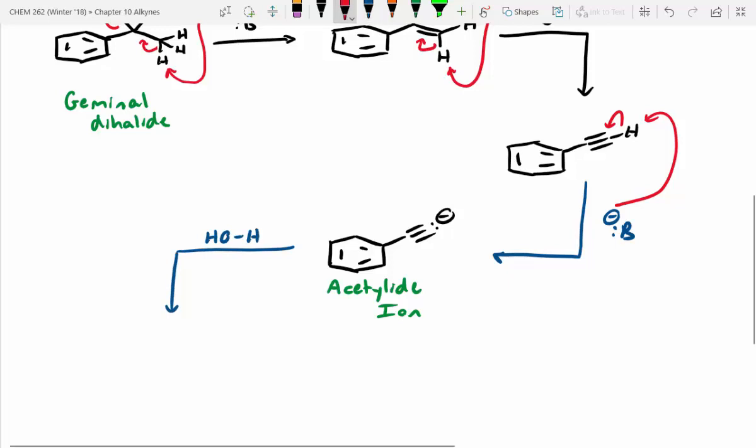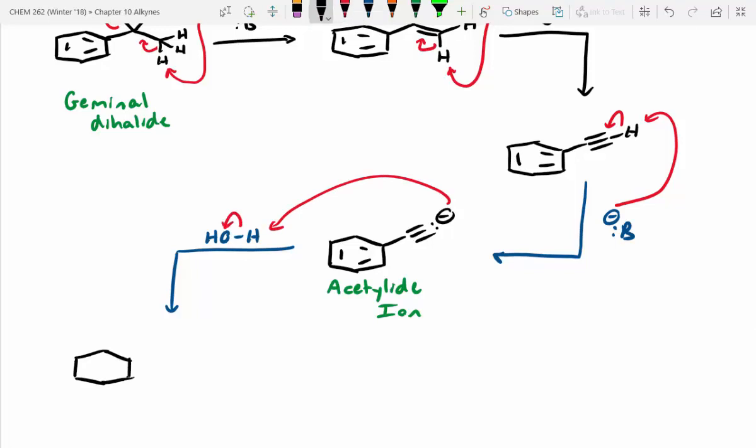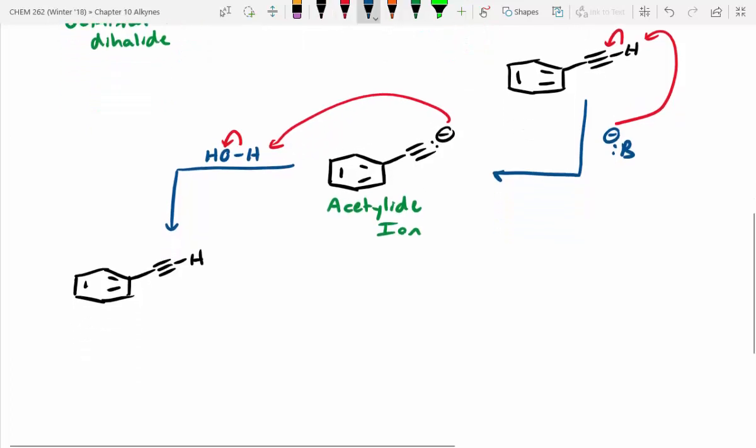And water is cheap, it's abundant, and it will donate the proton back to that alkyne in order to give you your neutral product. So let's make a note of that. Typically, your base is used in excess.